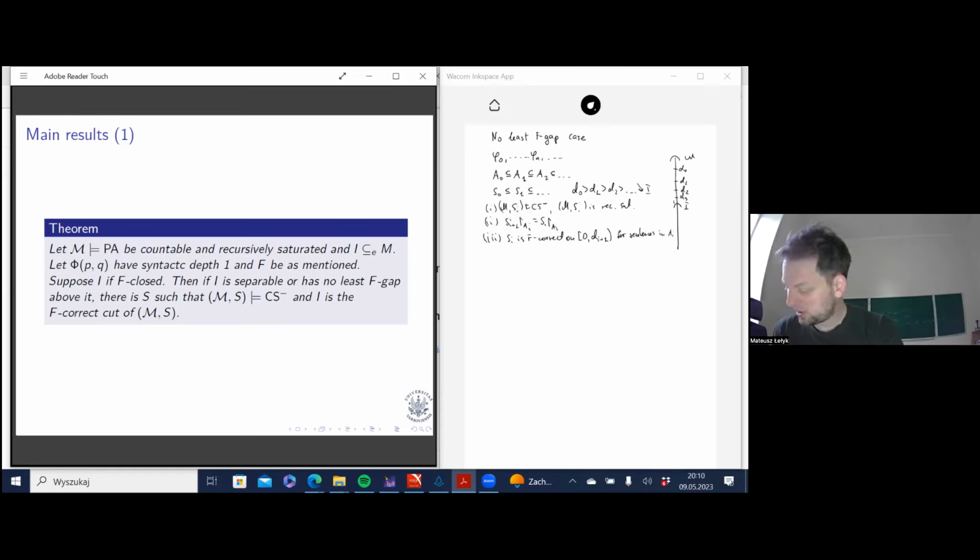So in particular, S0 will be F correct up to D1.